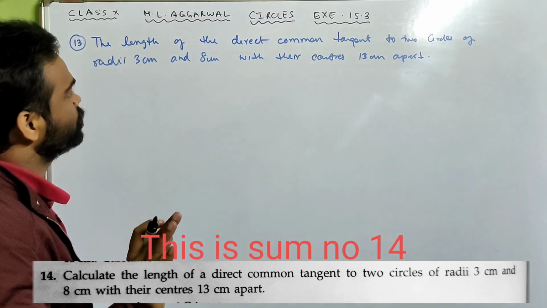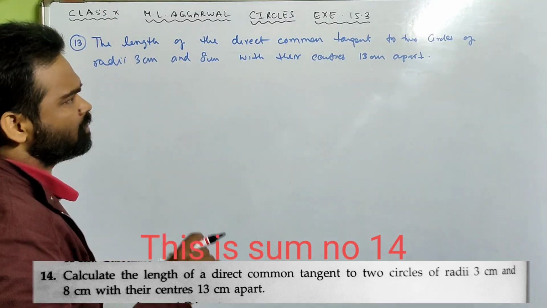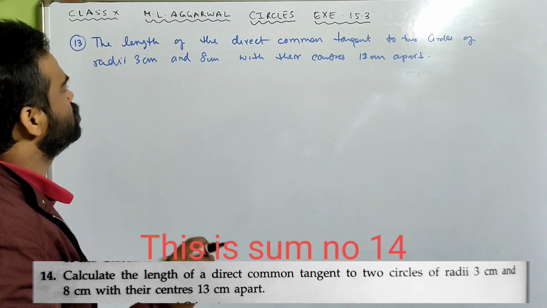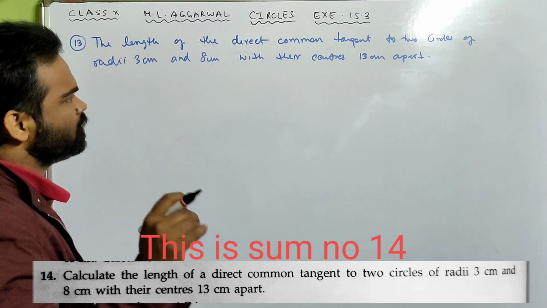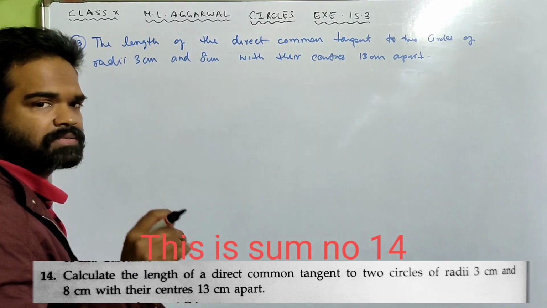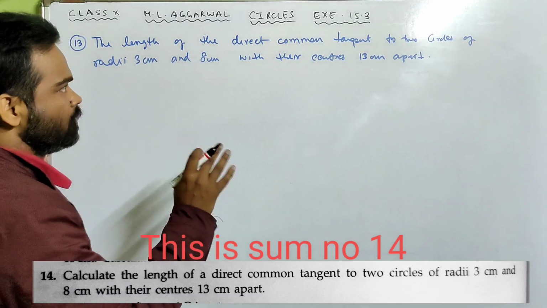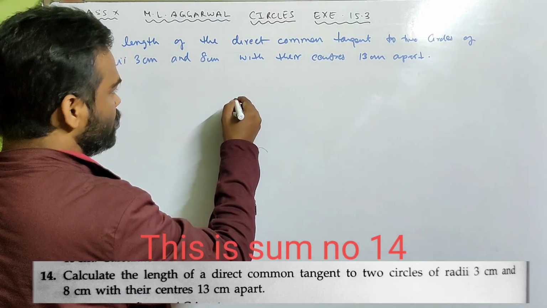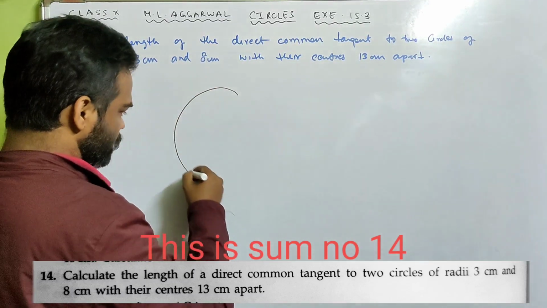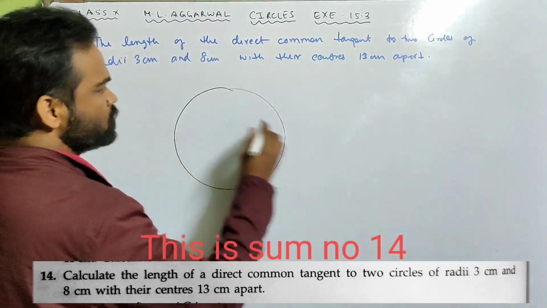Look at number 30. Very interesting. The length of the direct common tangent to two circles of radii 3 cm and 8 cm with the centers 13 cm apart. So, direct common tangent I've already told in my previous videos. Suppose there are two circles.